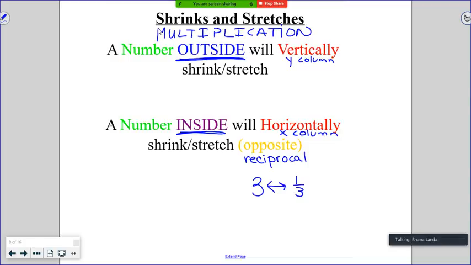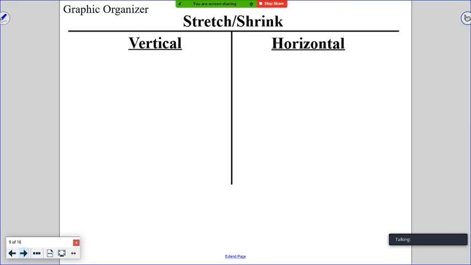Okay, we are going to go to our cheat sheet next, if you are ready. Again, very important that you understand that this is going to happen because of a multiplication, that if there was a negative number, the negative part of it would have been taken care of in the box above that said reflections.